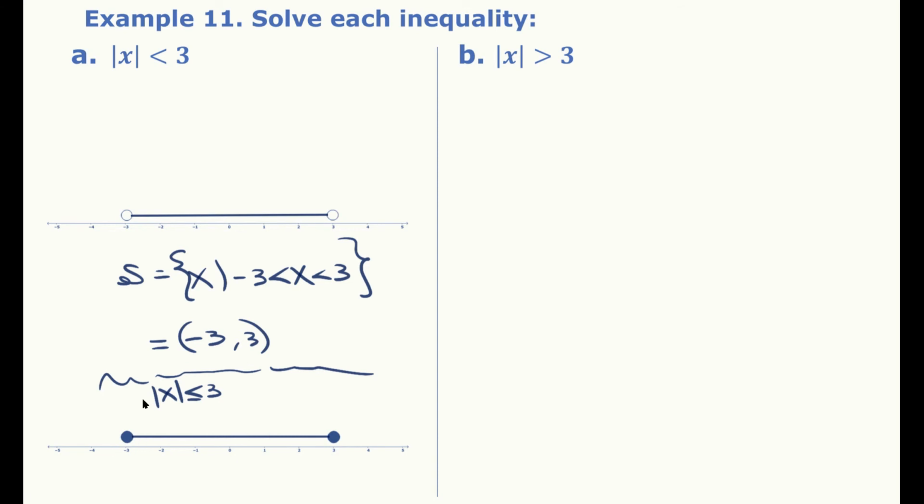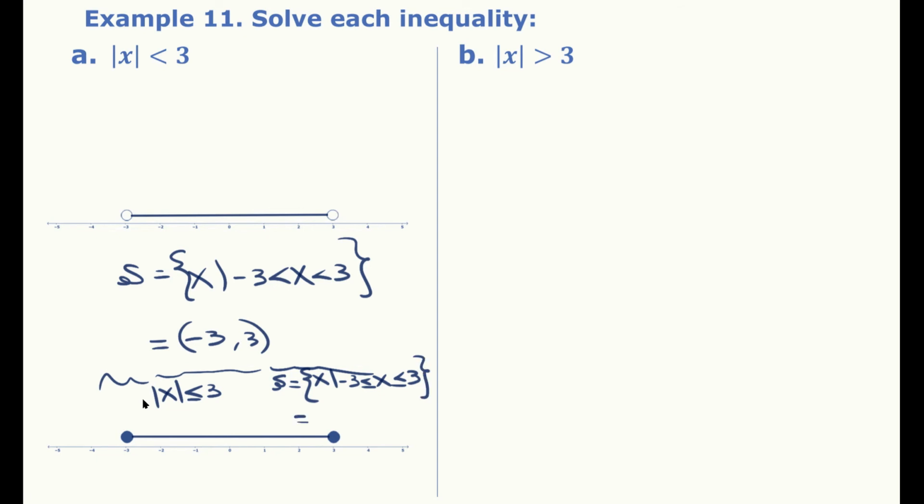Of course, the solution set will change to S equals, in set builder notation, all x such that -3 is less than or equal to x, less than or equal to 3.